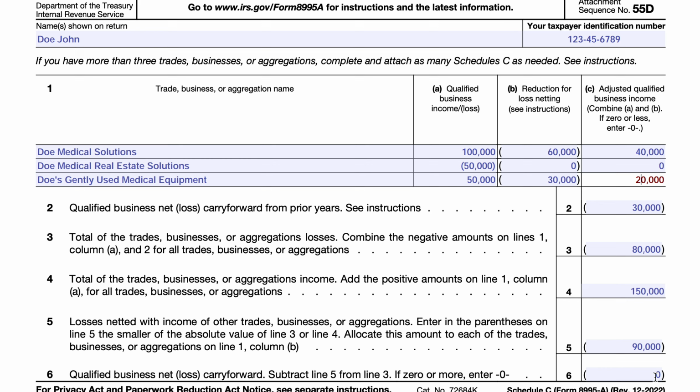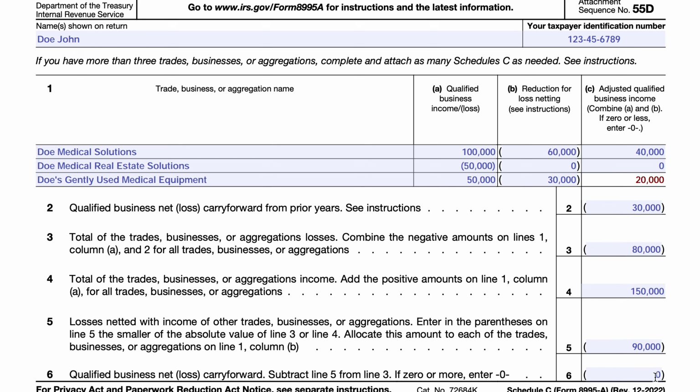And the final thing I want to point out is that you can also use this loss on IRS Form 8995, which is the simplified computation in the following year if you do qualify for some reason that doesn't require you to complete the 8995A version.